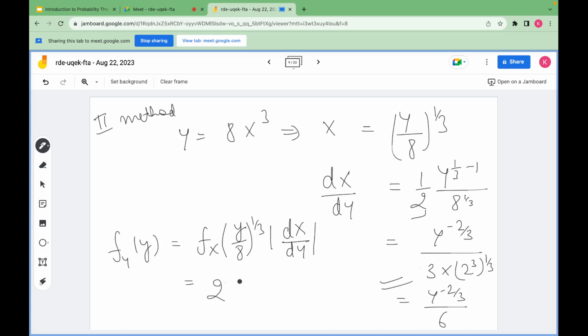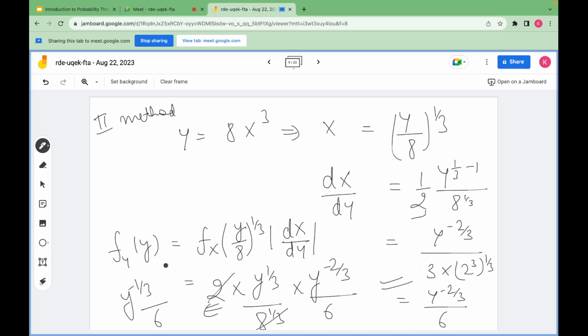So now this is 2 into y to the power 1 by 3 divided by 8 to the power 1 by 3, times y to the power minus 2 by 3 divided by 6. The 2 will cancel out, and this expression will converge to y to the power minus 1 by 3 divided by 6.